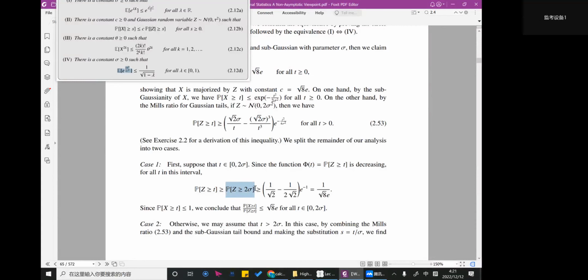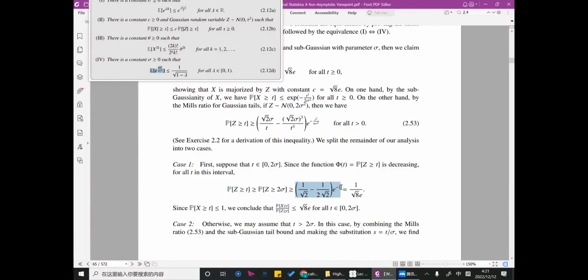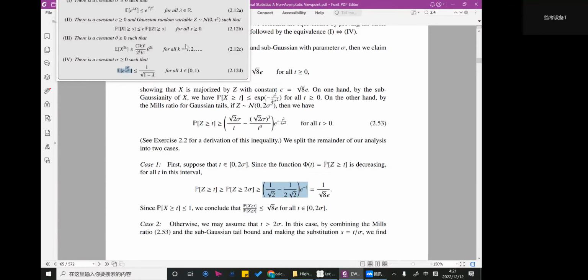So we use this: z larger than 2 sigma, so we apply 2 sigma to inequality 2.53, and we get this result. Then we can conclude the results.